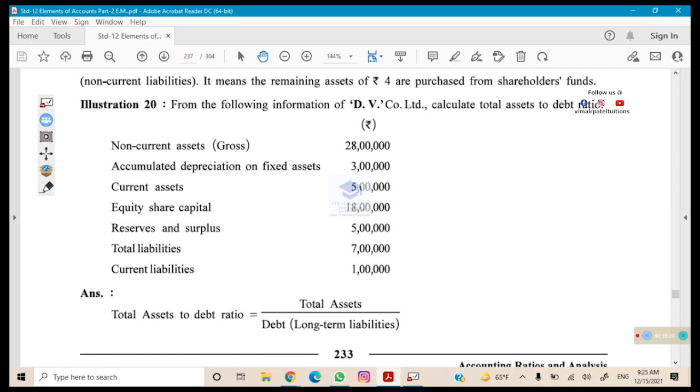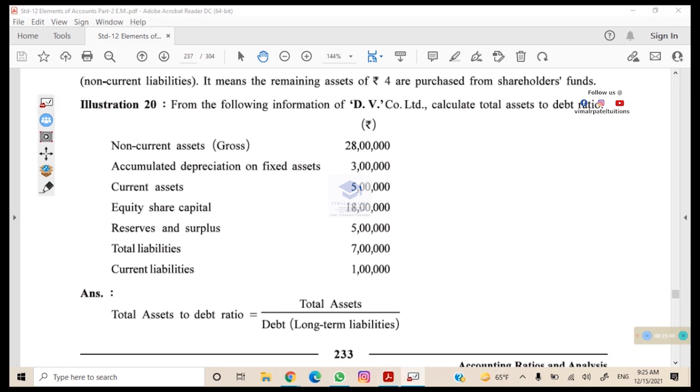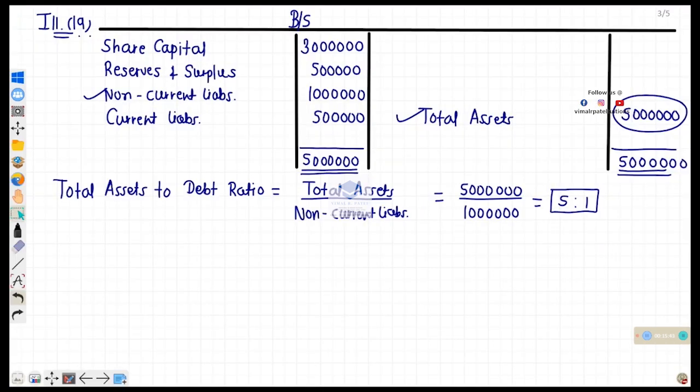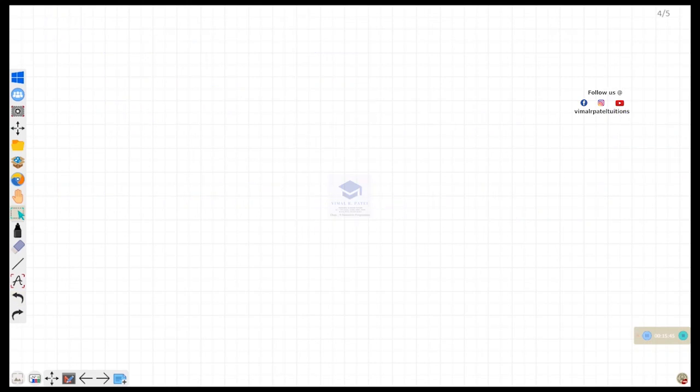From the following information of DB Company Limited, calculate total asset to debt ratio. Non-current asset, accumulated depreciation on fixed asset, current asset, equity share capital, reserve and surplus, total liability and current liability. Here we don't have non-current liability.